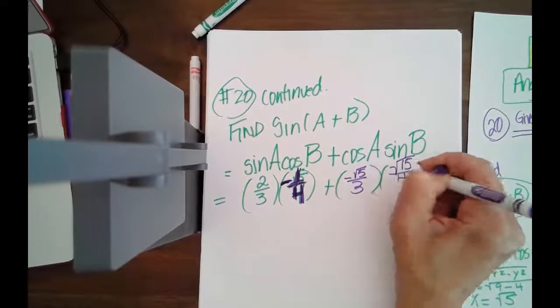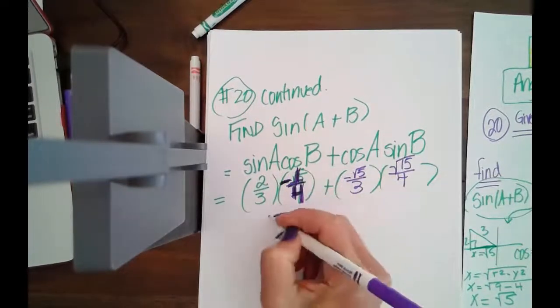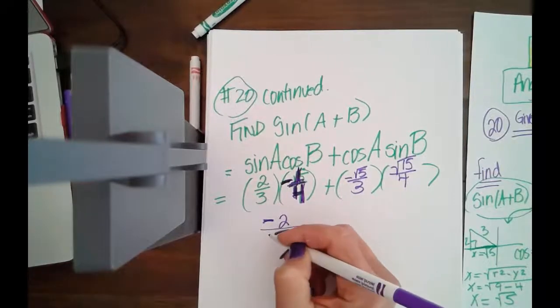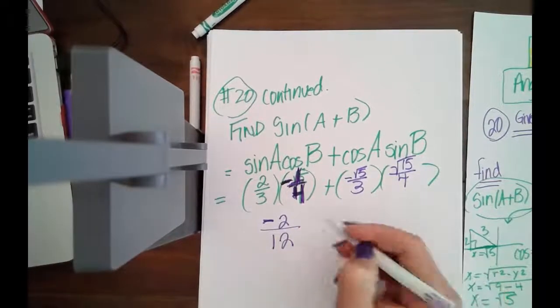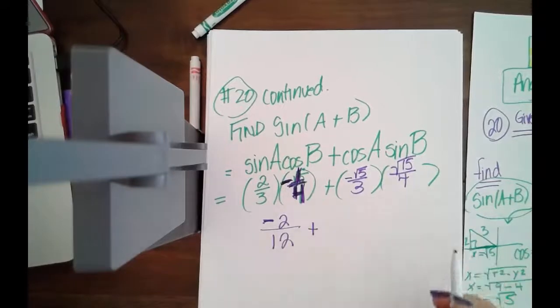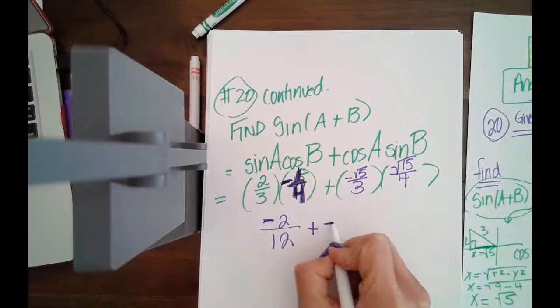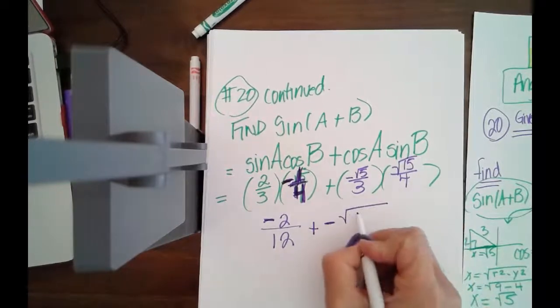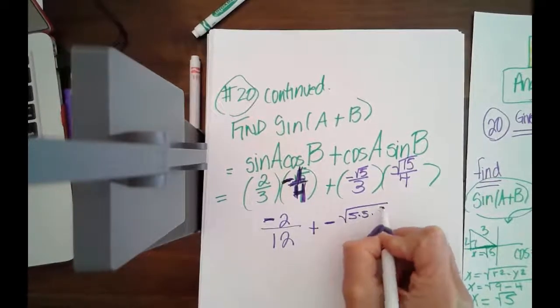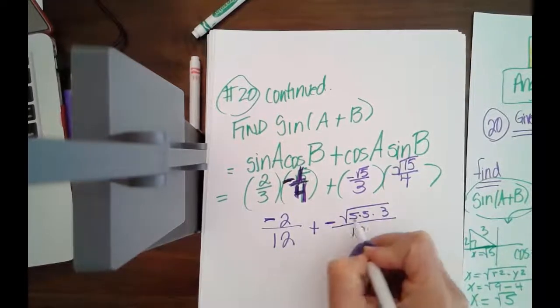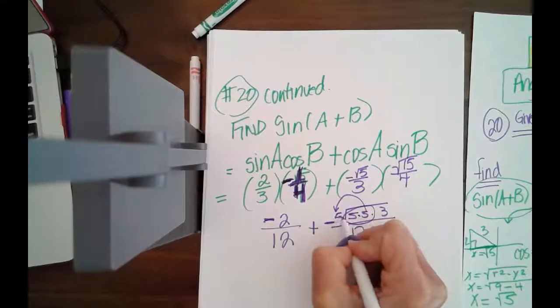All right, so it's top times top over bottom times bottom. That's going to give us negative 2 over 12. We can simplify in a minute. Okay, plus, over here, that's radical negative 5 times 15, so that's going to give us negative radical 5 times 3, because we want to simplify that radical 75. That means that 5's going to hop out.